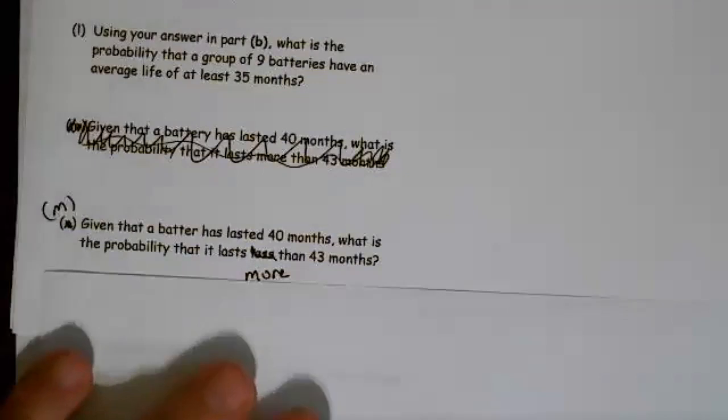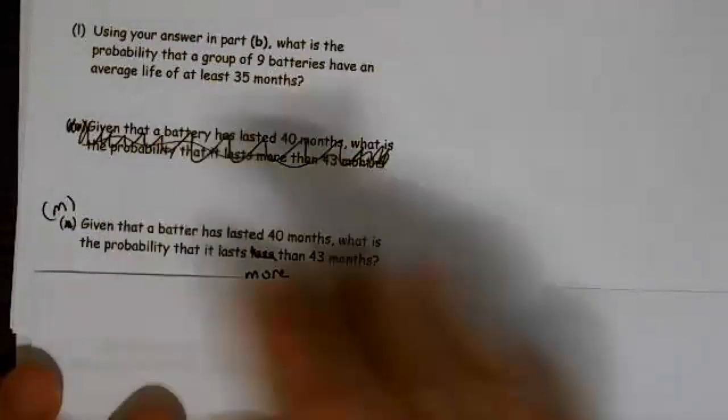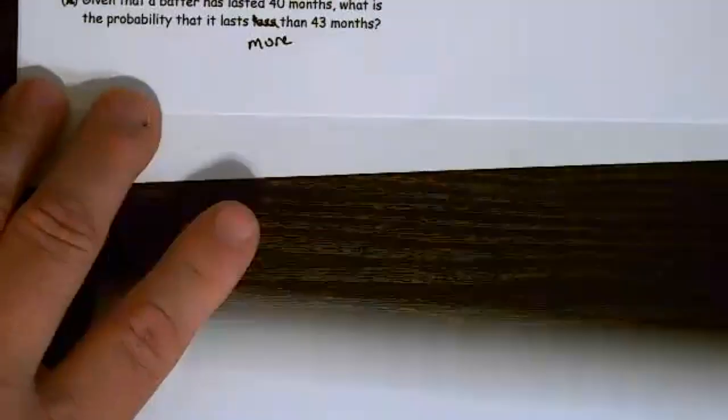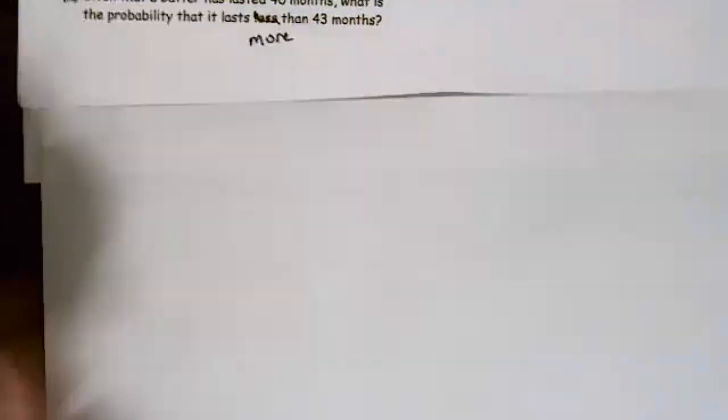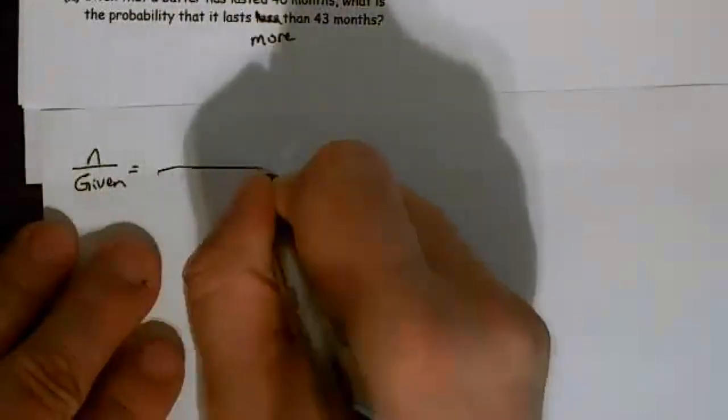Given that a battery has lasted 40 months, what's the probability it lasts more than 43? So first off, anytime we have a given problem, you know you're going to have something in the denominator. So we have a lot of work to do on this. So this is an intersection over given. And by the way, there will be one on the test like this. All right, intersection over given.